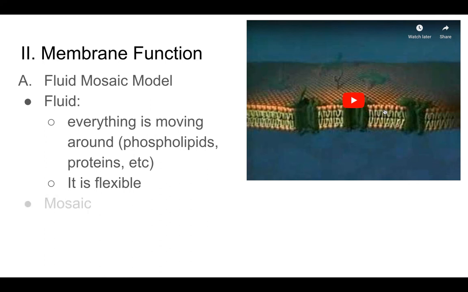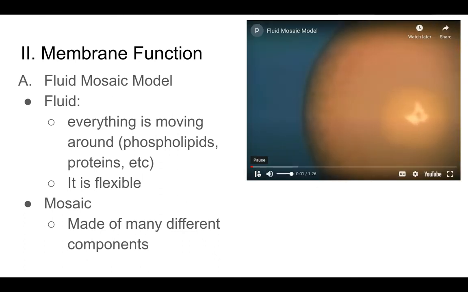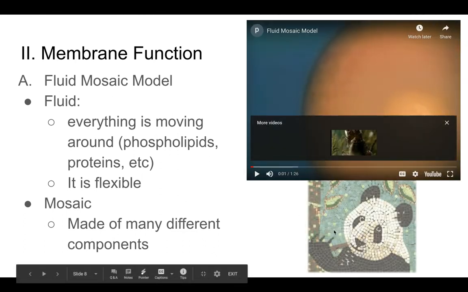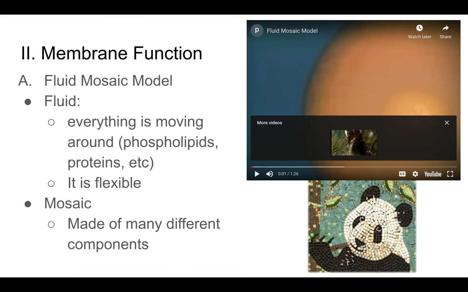Now, mosaic. I'm betting that you've probably seen a mosaic. In art class, a mosaic is something where you take small pieces and put them together to make an overall larger structure.